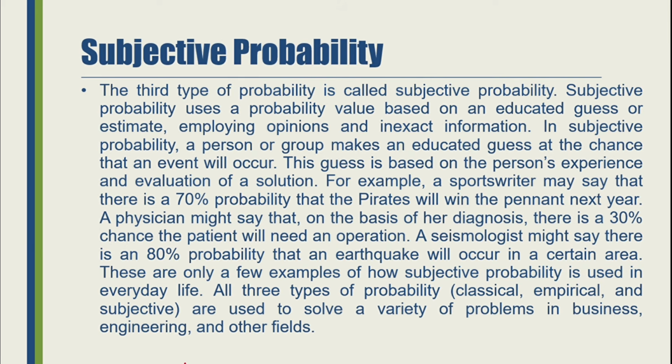All these three types of probability, classical, empirical, and subjective, are used to solve a variety of problems in business, engineering, and other fields. So we are done with the three: classical, empirical, and subjective probability.